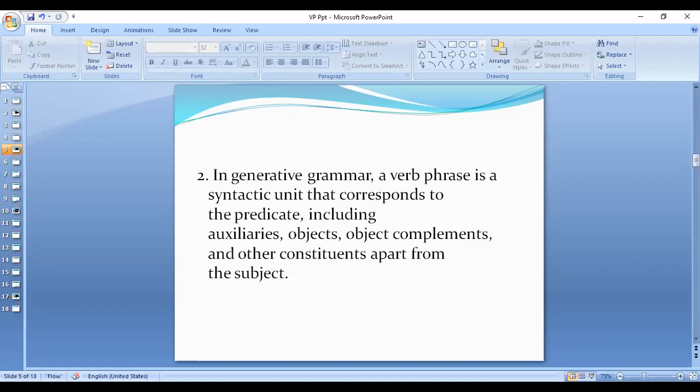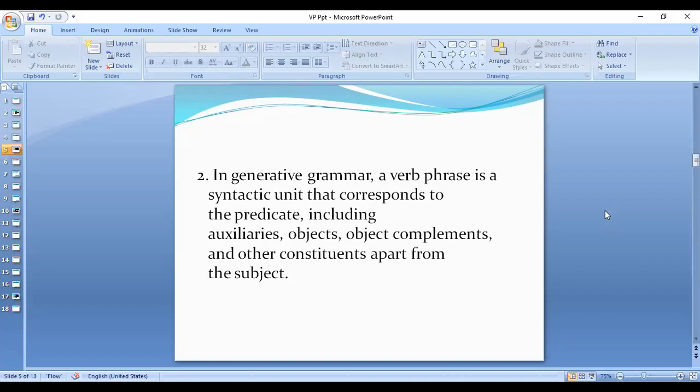From the functional point of view, the verb combined with auxiliary verbs, object complements, and adverbials, as a whole, signifies a verb phrase.